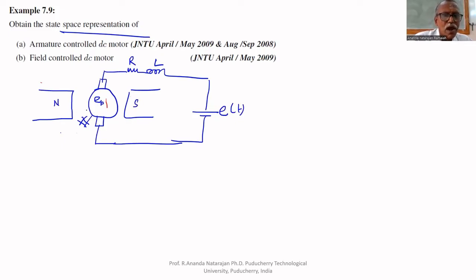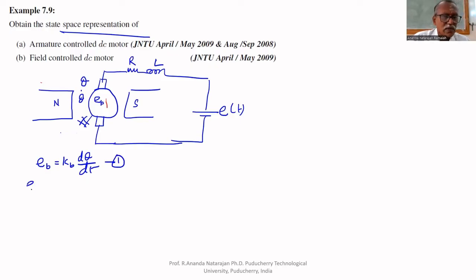Here we can write the expression for back EMF: E_B equal to K_B d theta by dt, where theta is the displacement and theta dot is the velocity of this rotor. This is the first equation. The second equation is the electrical equation.